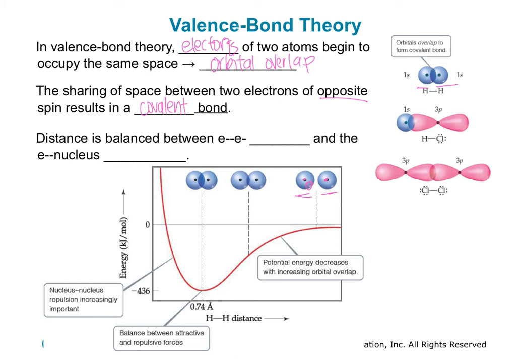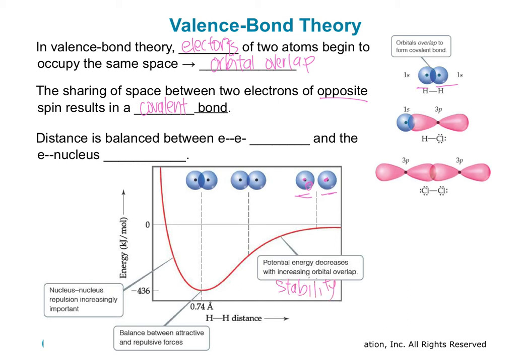So we'll have kind of this battle or conflicting forces between attraction from the nucleus and electrons from opposite atoms, and also the repulsions between the electrons and the nuclei. So as we bring them closer together, we overall start to see this energy drop, and that is due to the attractive forces.